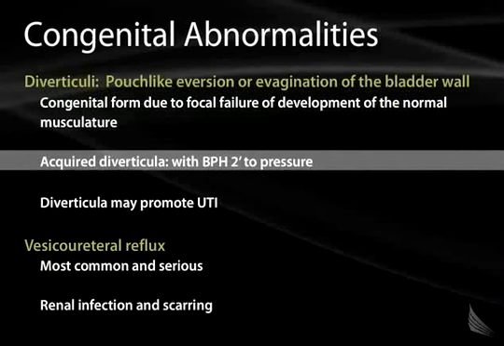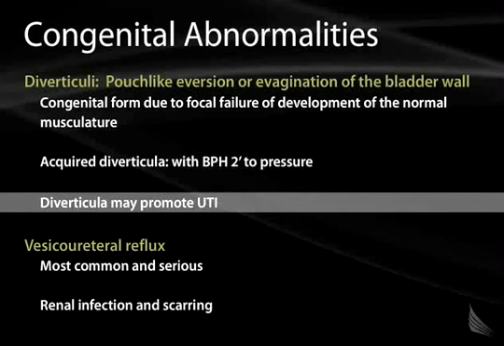Think about acquired diverticuli in patients who for some reason have an abnormal buildup of pressure within their lower urinary tract. The most common condition that could lead to this would be seen in men who, if affected with benign prostatic hypertrophy, which we will discuss later in our section on the male reproductive system, can have a buildup of urine within the bladder, which they are unable to pass out effectively due to the compression of the bladder around the urinary tract, and thus with the increase of pressure within the bladder, have the development of secondary diverticuli.